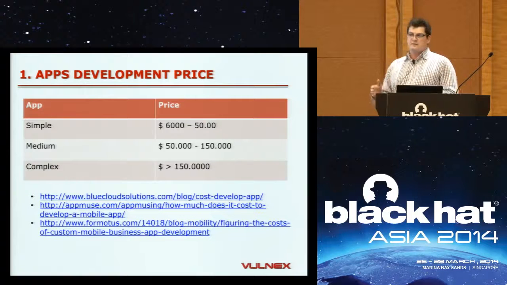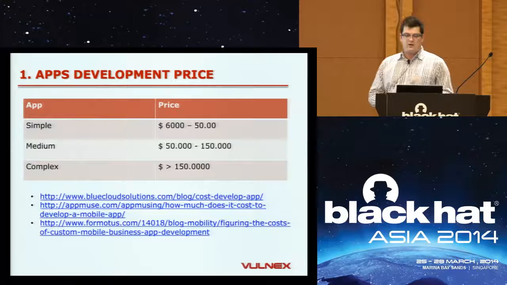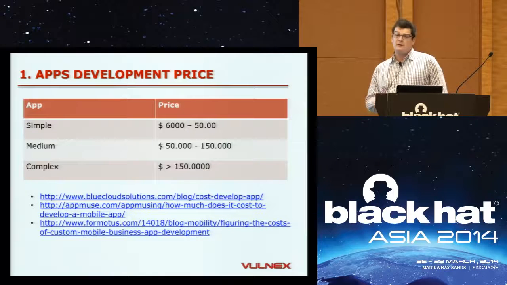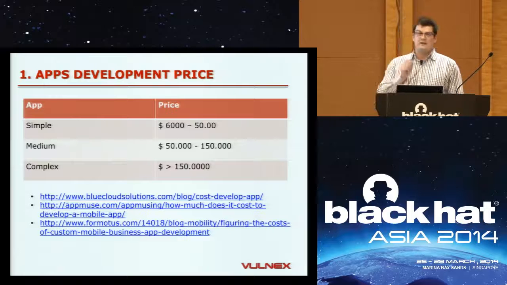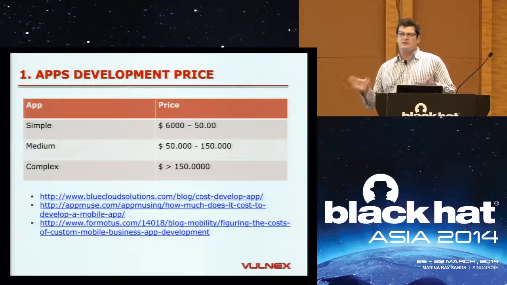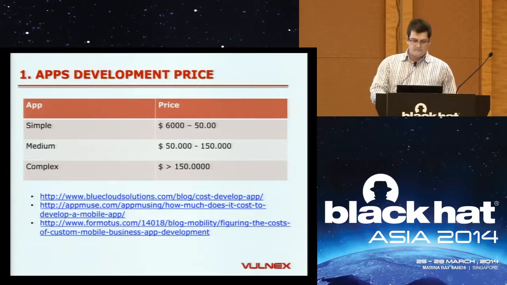The price to start developing those apps is around $150,000 or more. So if I'm a developer and I have to develop an application for each different platform using these numbers, it's going to be quite expensive. So we have to look for different options.